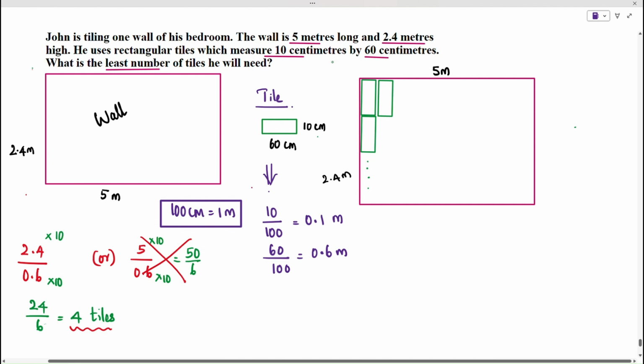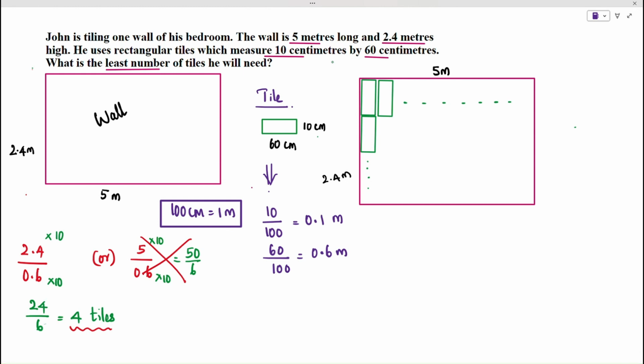Now, since the length of the tile of 0.6 meters goes against the side of the wall that's 2.4 meters, we are left with the width of the tile that's 0.1 meters going against the length of the wall that's 5 meters.